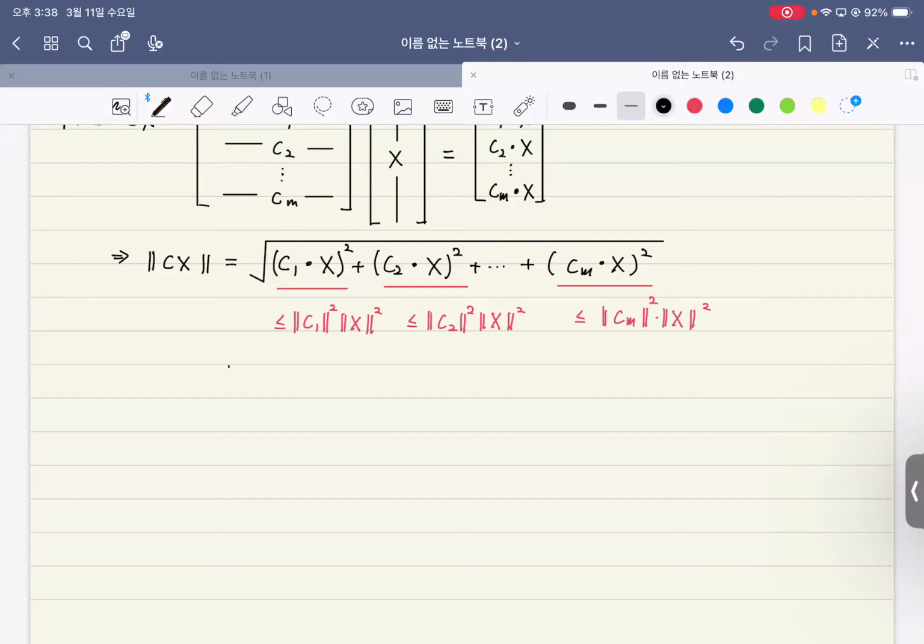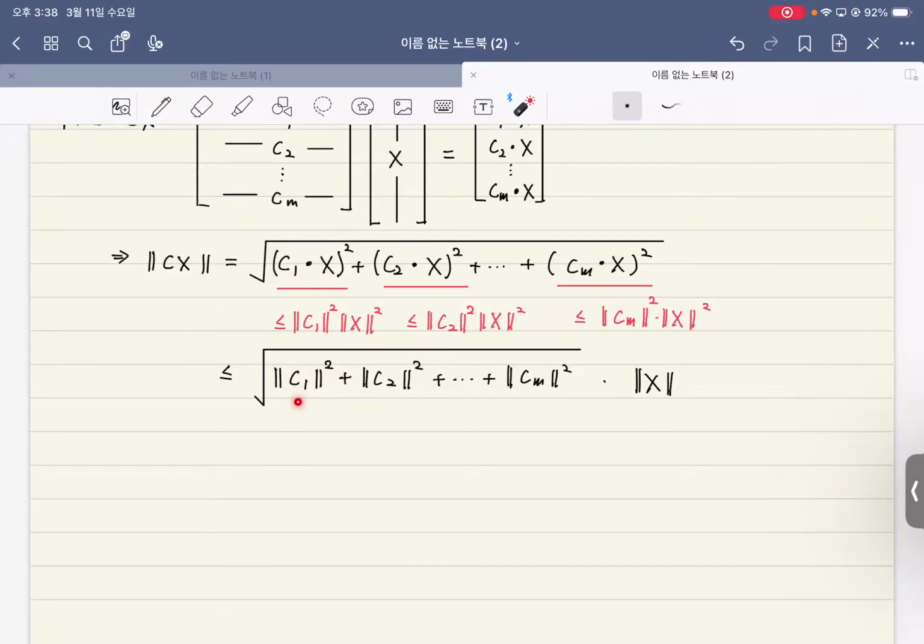So, summarizing, I have the square root of C1 squared plus C2 squared plus Cm squared, times the length of the vector x. Okay, good.